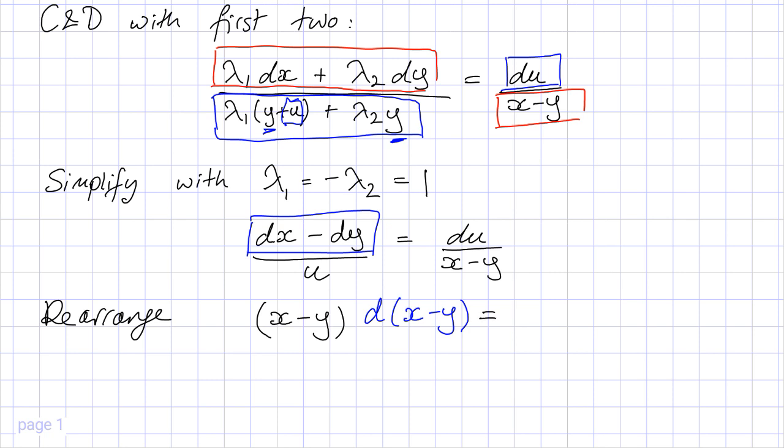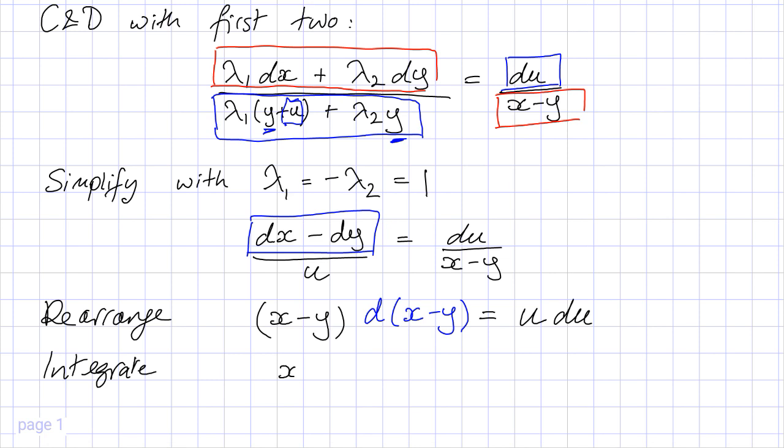And then I can bring the u up to the top as well, so on the right hand side, u times du. And then this is something I can immediately integrate without any particular sweat.